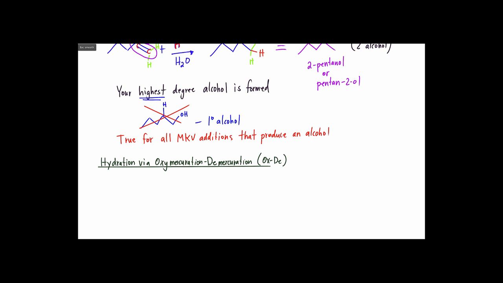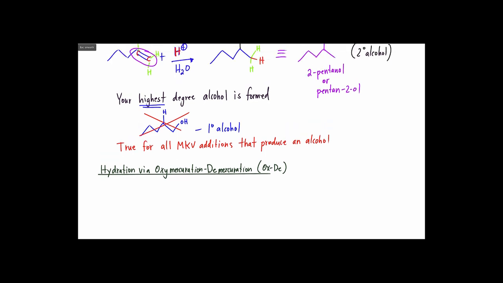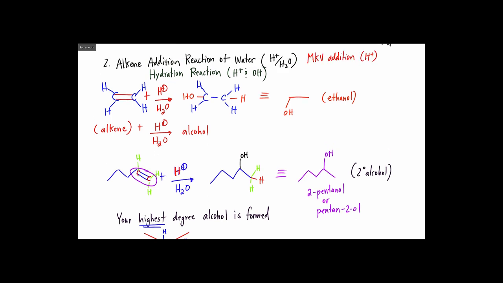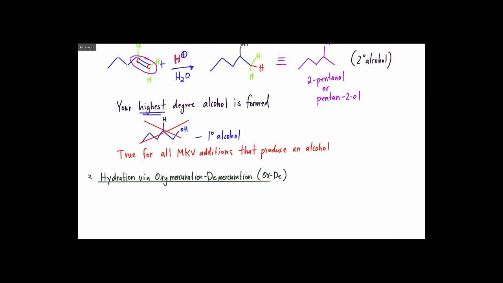All right. Now, this above reaction, reaction number 2, is quite difficult to accomplish. It's feasible, but it gives a very low yield.